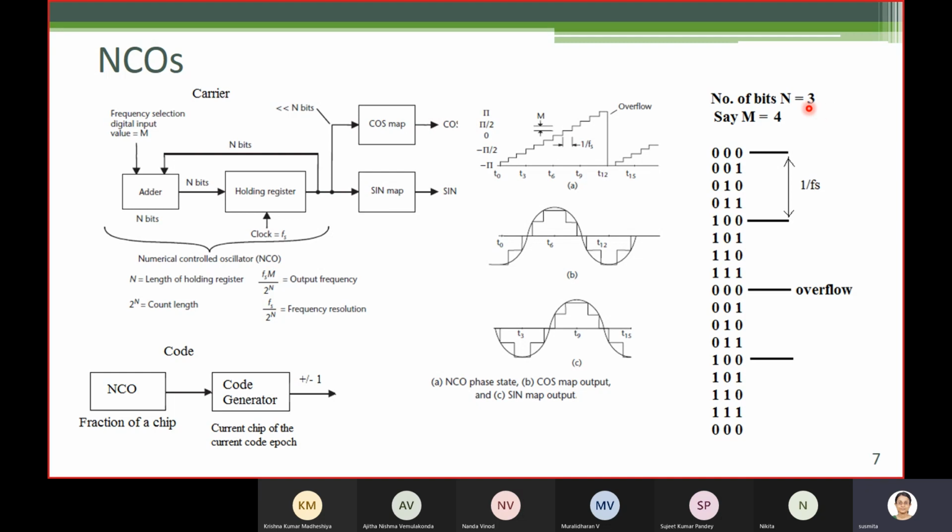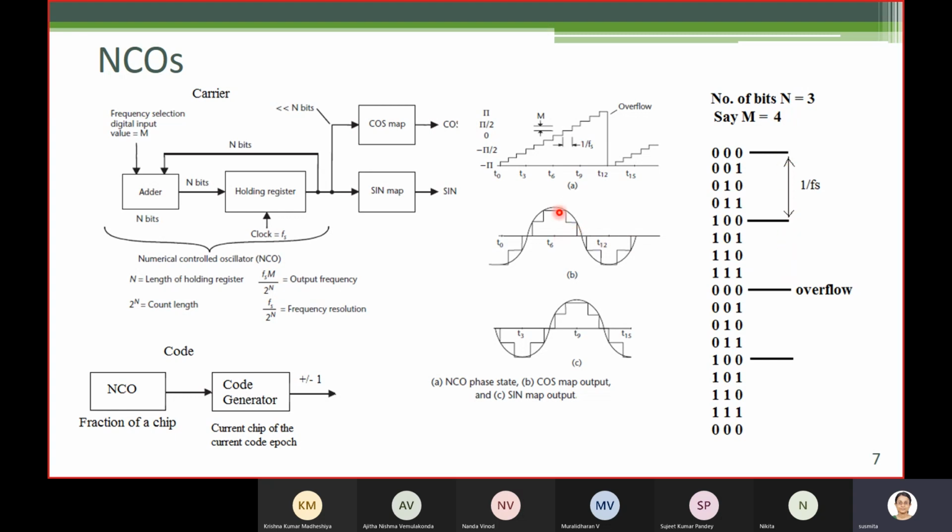In this case, n is 3, 2 to the power n is 8, and m will be 2 to the power n minus 1. n is 3, so 2 to the power 2, which is 4. And we are getting fs by 2.